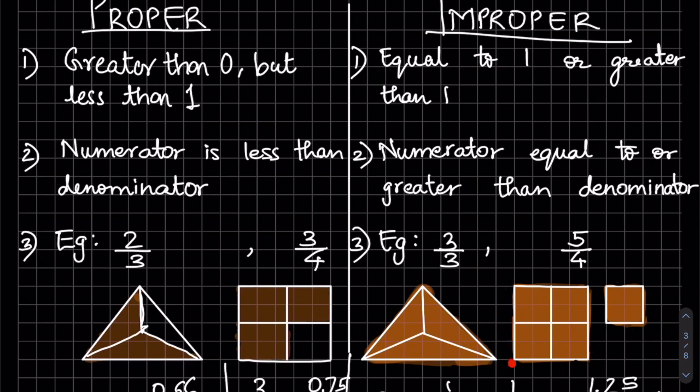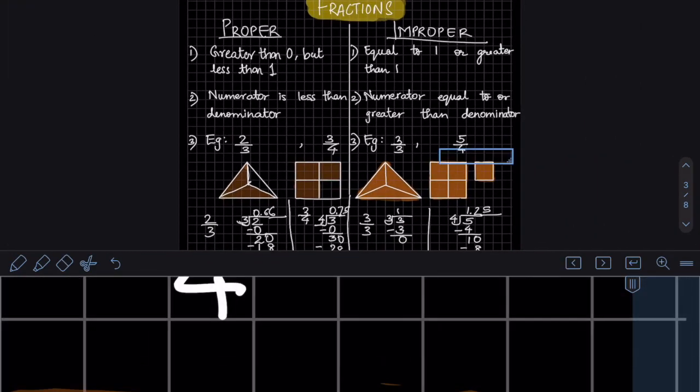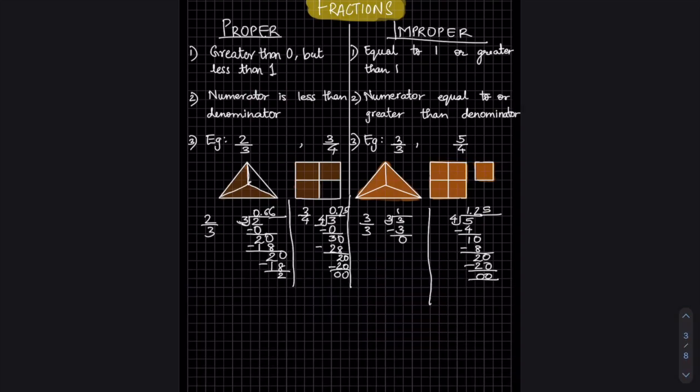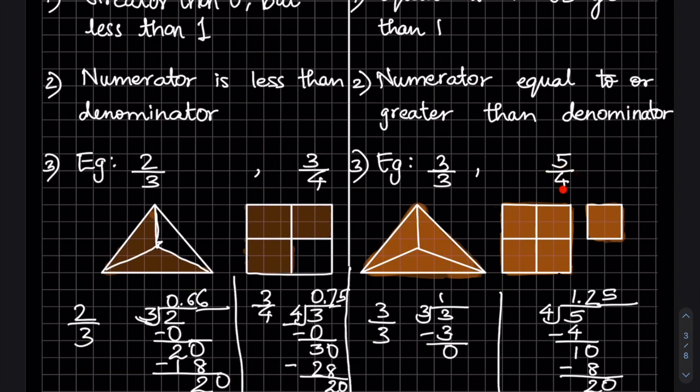Here you can see there is a square which is divided into 4 equal parts, and all the 4 parts are shaded, and one more small shaded part is the 5th part. So when I take the fraction 5 over 4, the numerator 5 is written inside and it is being divided by 4. 4 ones are 4, 5 minus 4 is 1.